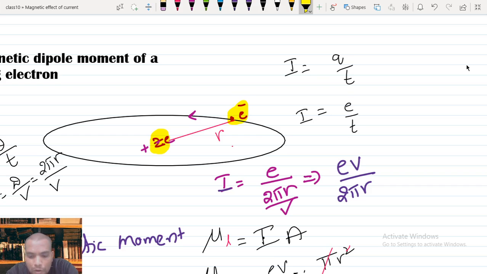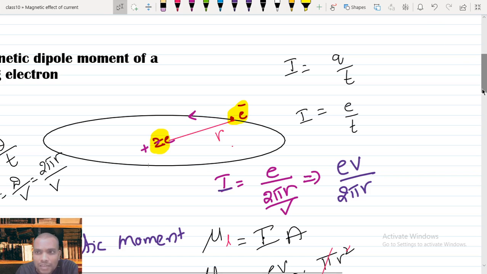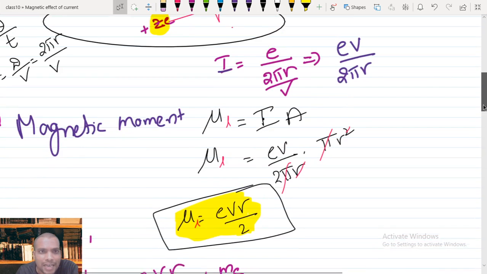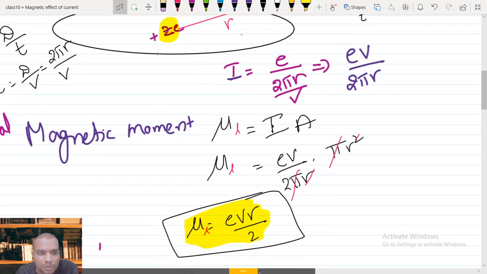But in this case we cannot call it a dipole moment, even though there are two separate charges separated by distance r. We do not say the nucleus has a dipole moment, but we say it has an orbital magnetic moment, which we represent with mu suffix L.